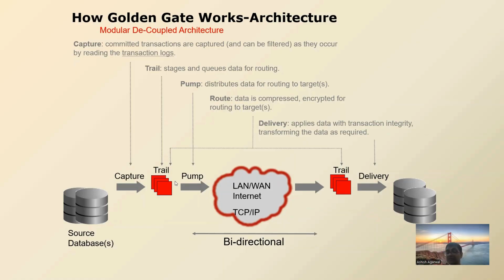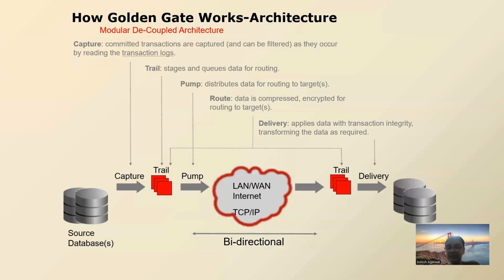The source of this pump process is the local trail. The target is the remote trail on the target database. What is the source of this replicate process? The source of this replicate process is the remote trail and the target is the target database. So each process in GoldenGate has a source to read from and a target to write to.